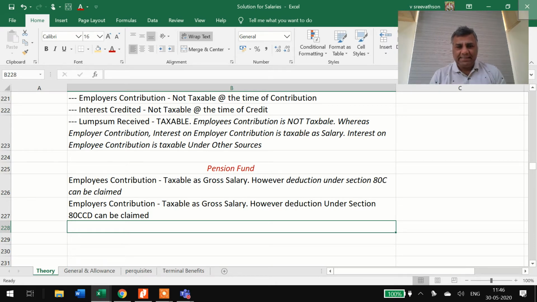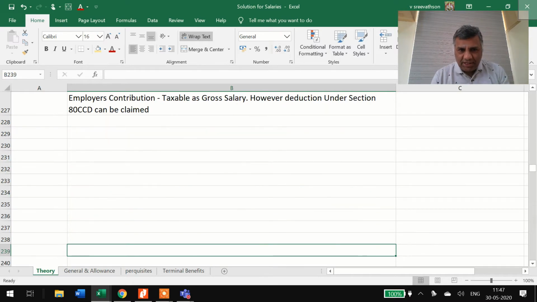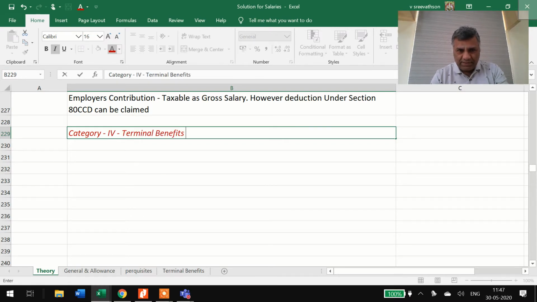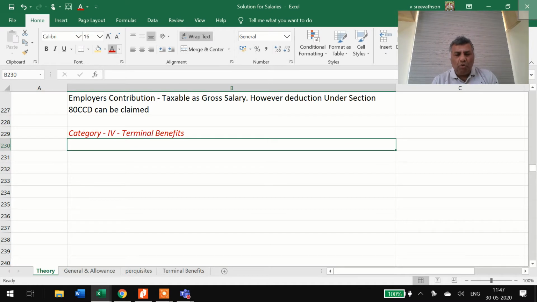That takes us to the fourth category, my dear friends, which is terminal benefits. Category 4, terminal benefits. These are provided by an employer to an employee at the time of leaving employment.